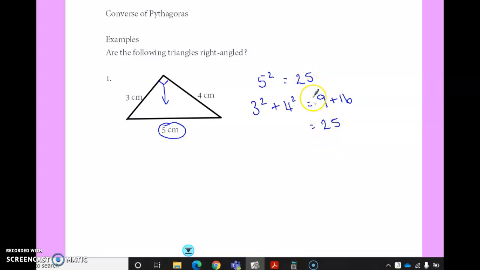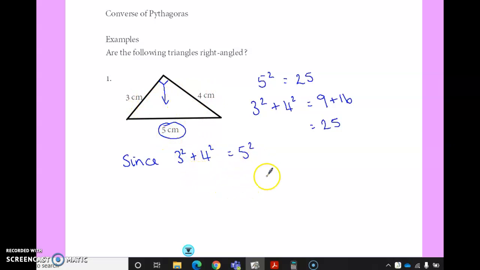Now they're the same thing. Okay, so since they're the same, we can say since 3 squared plus 4 squared is equal to 5 squared. So that's since the square of the shorter two sides is equal to the square of the longest side. That means it is right angled, because that means I could use Pythagoras and I would find that third side.